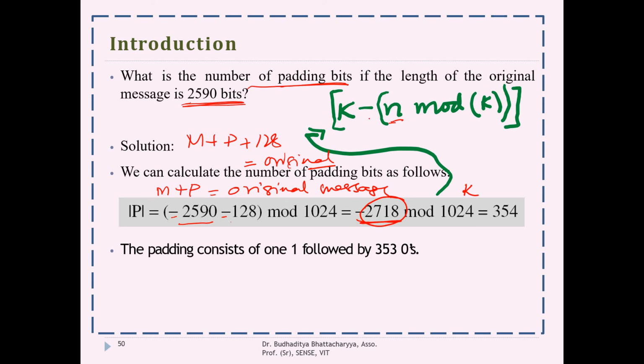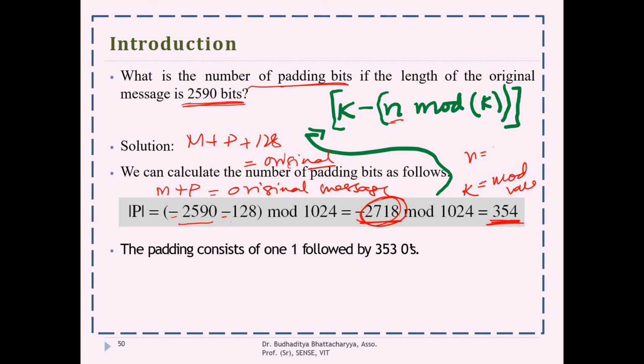So please make a note of this. K minus, in brackets, n mod k, where k is the mod value and n is the unsigned value of whatever is there as a coefficient, 2718. If you substitute over here, you will get 354. You will get 354 as the value of padding.